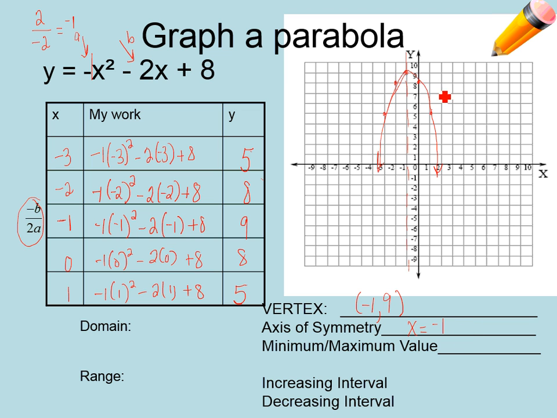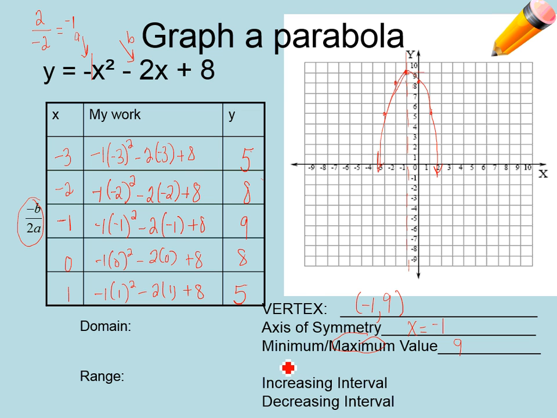Now in this case, like I was talking about earlier, this would be a maximum value because that's the maximum height. All right, and that maximum height, if we go over to the y, would be 9. Now, what would be my increasing intervals?